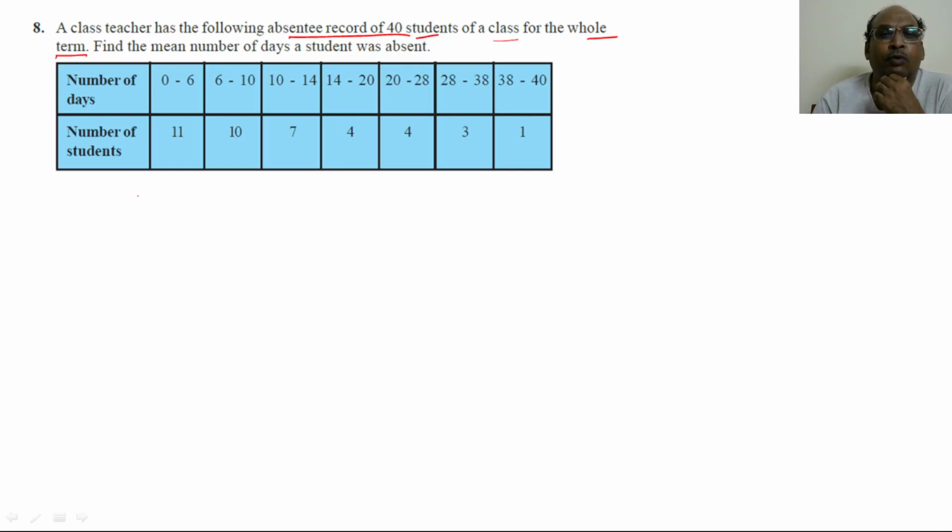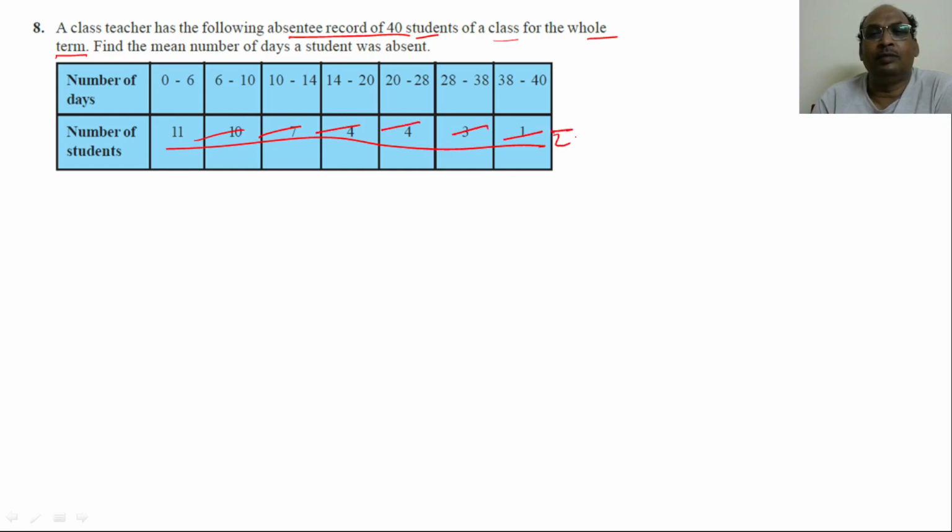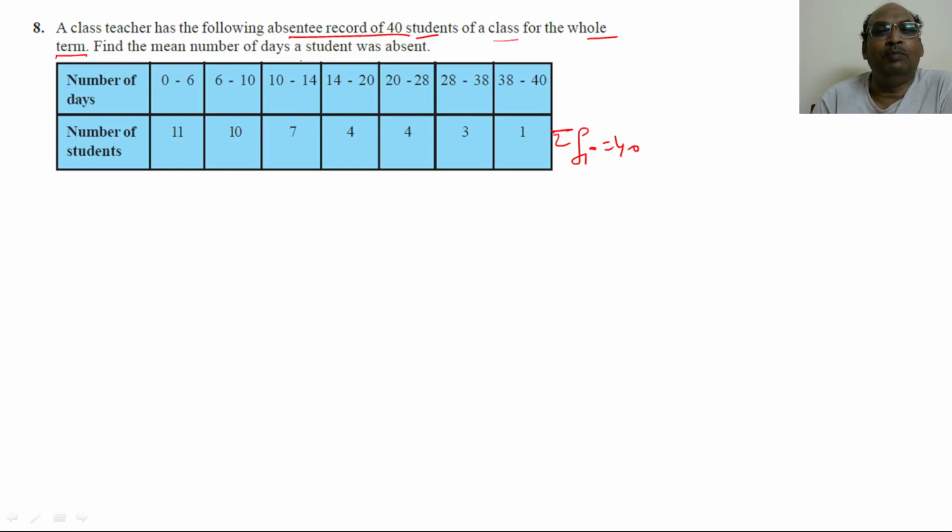If we add sigma fi, it will give us 40: 21, 28, 32, 36, 39, 40. So total sigma fi is equal to 40. Even if you are not doing sigma fi, you come to know. Find the mean number of days a student was absent.